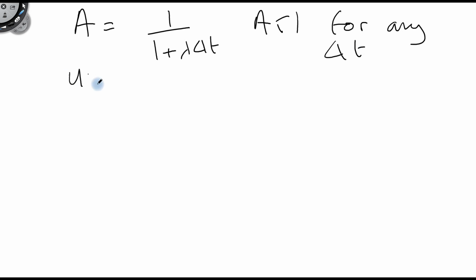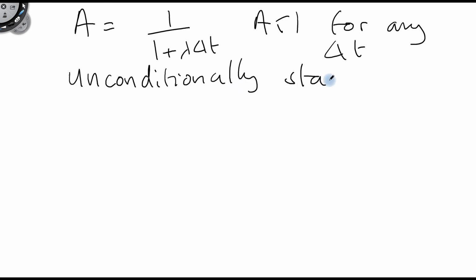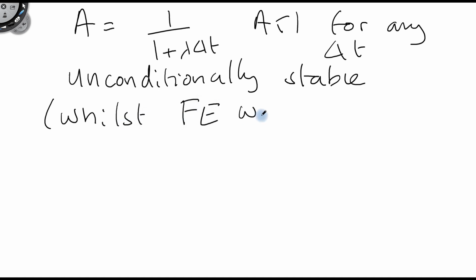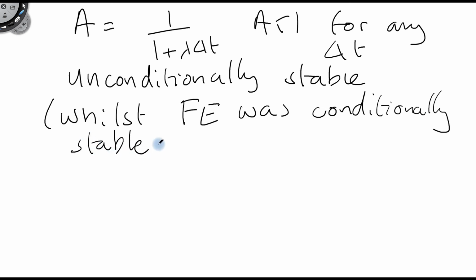So it's unconditionally stable. Whilst, recall, forward Euler, FE, was conditionally stable, dependent on the delta t. Okay, so you have unconditionally stable. Any delta t and A is less than 1, it always decays.